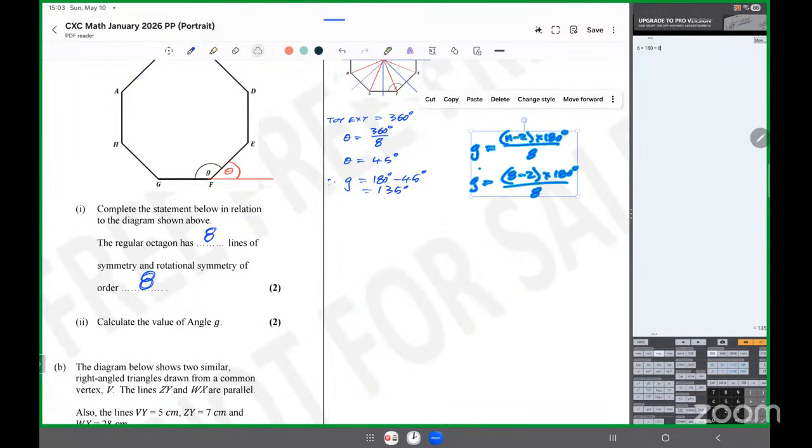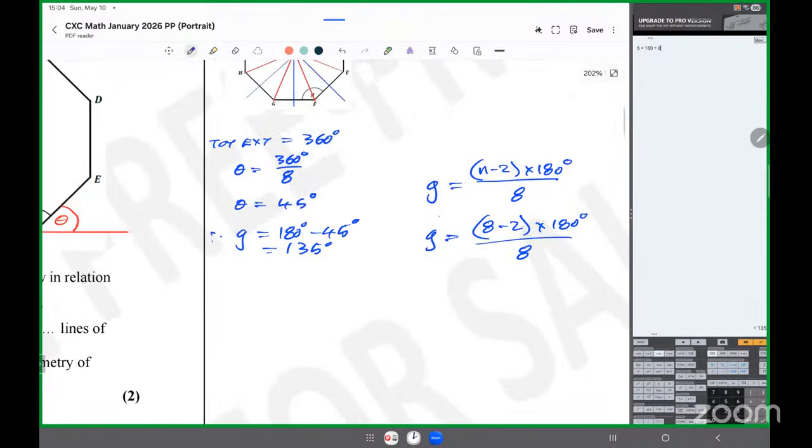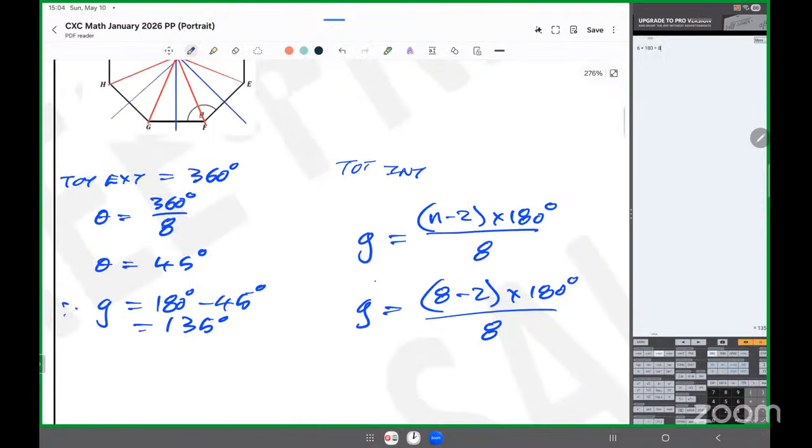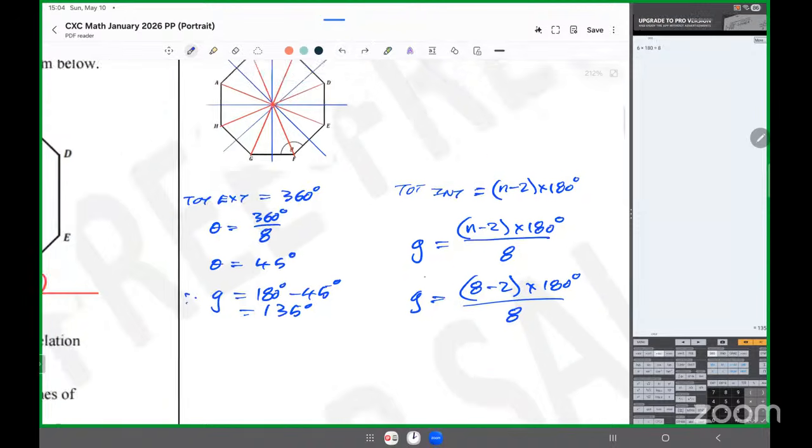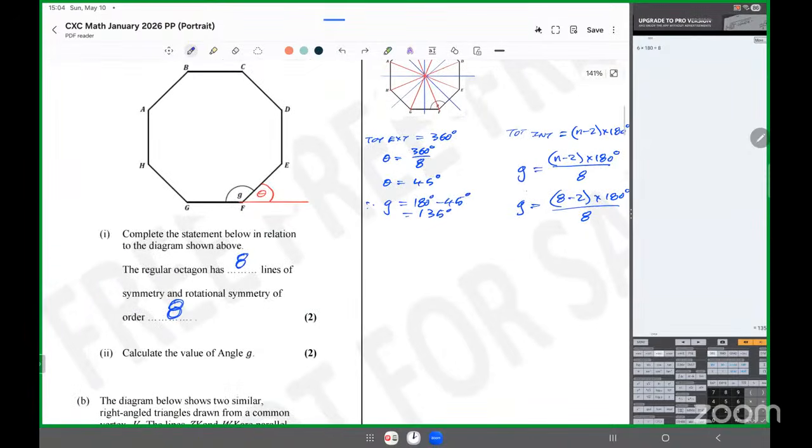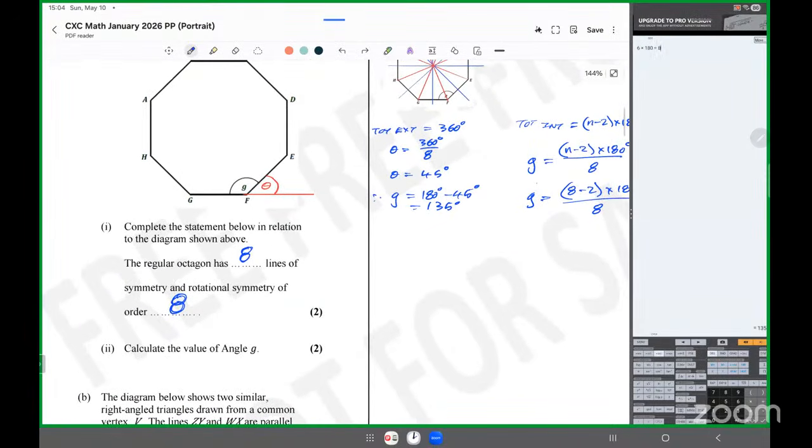So for this one, we are saying total interior angle is N minus 2 triangles, N minus 2 times 180 degrees. That's what we use, because all of them are equally divided by 8 to get one of them. That's it. So this equals that, right? 135 degrees by those calculations.